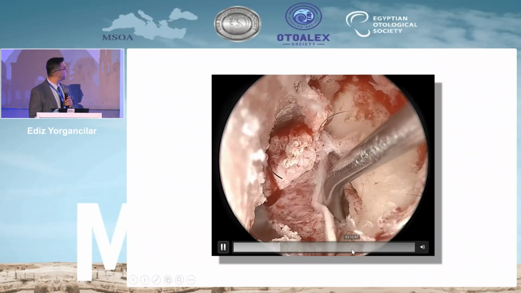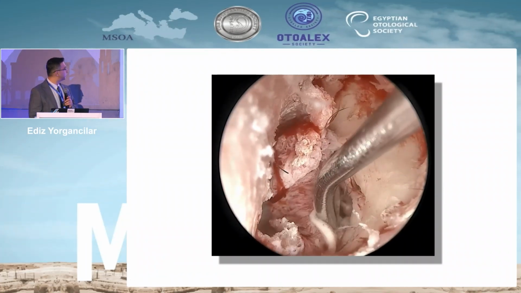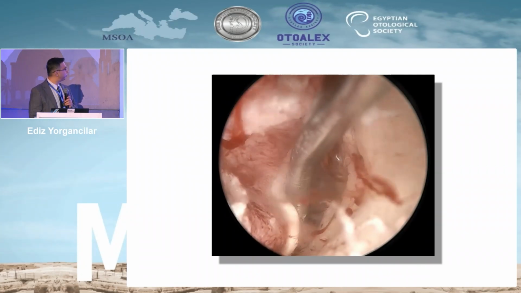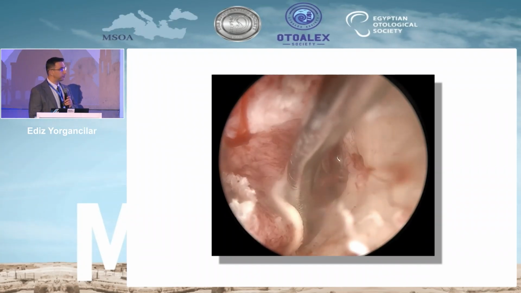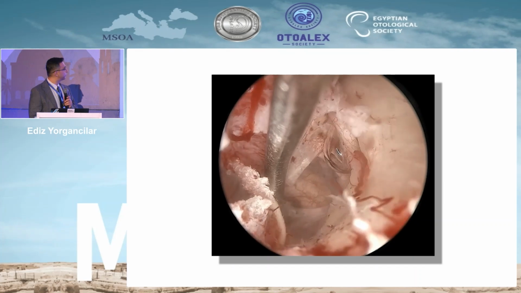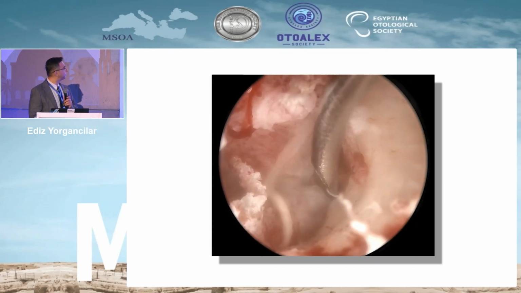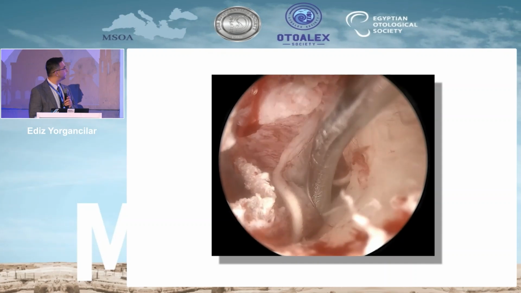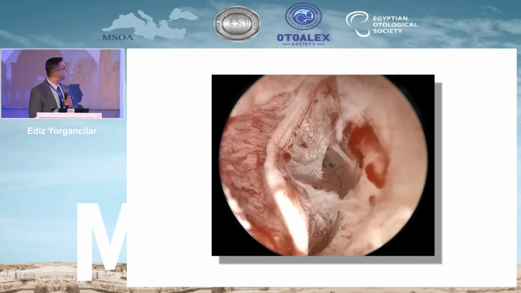and then we elevate gently the retraction pocket. Everybody knows it's very important for residual or implantation cholesteatoma. And then during the surgery, we can see some air bubbles.